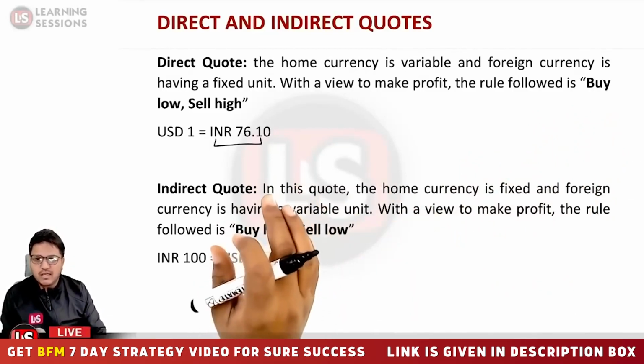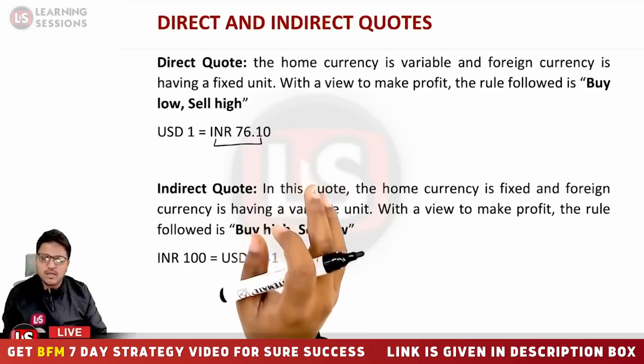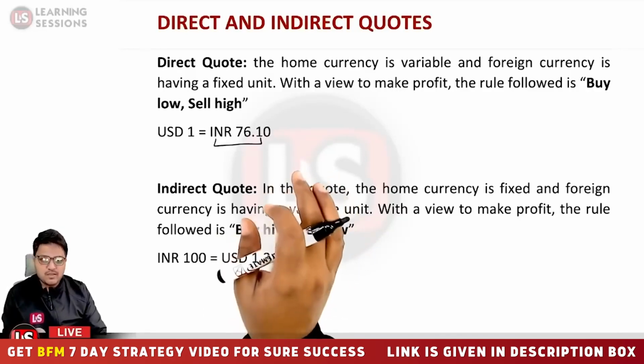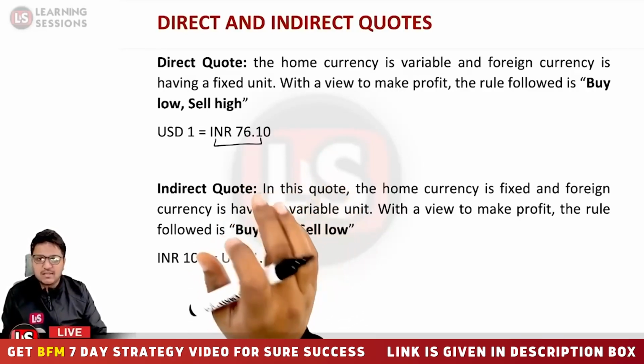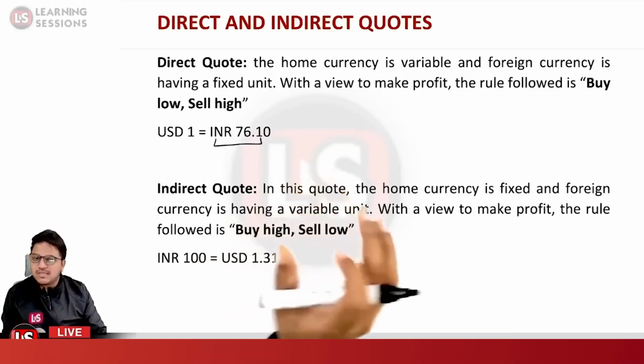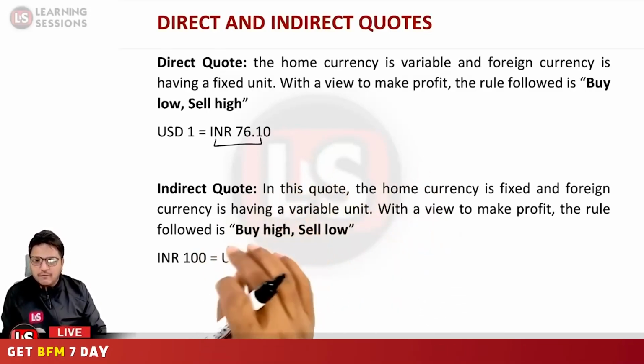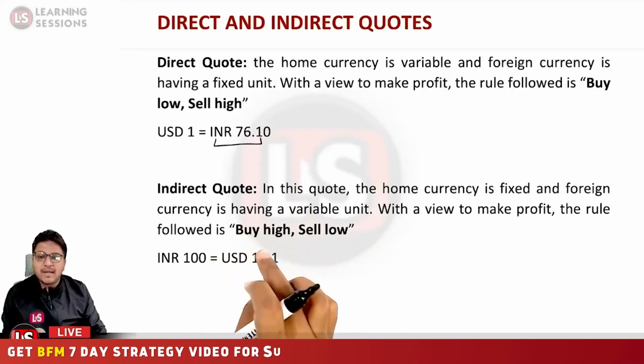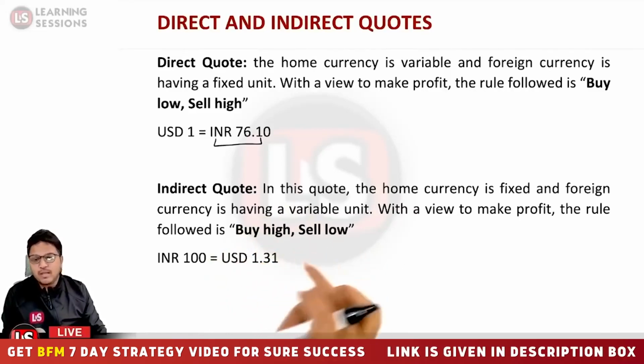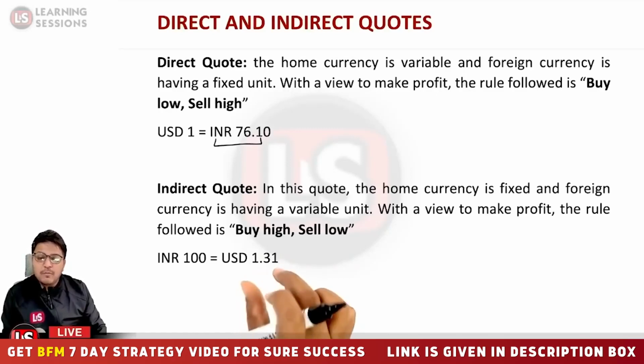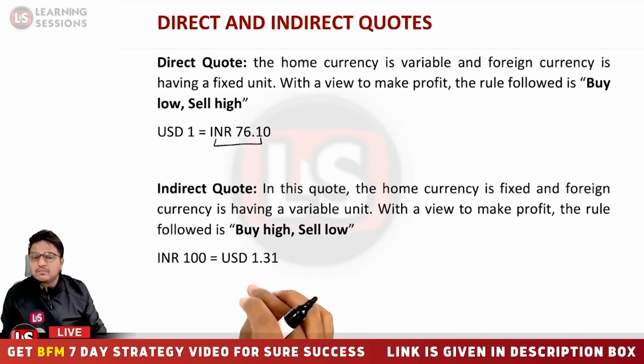So this is quite an easy one. Direct quote is where the home currency is variable and the foreign currency is a fixed unit, and it is related to buy low, sell high. In the indirect quote, it is buy high and sell low. We will be getting more units of USD for rupees 100.